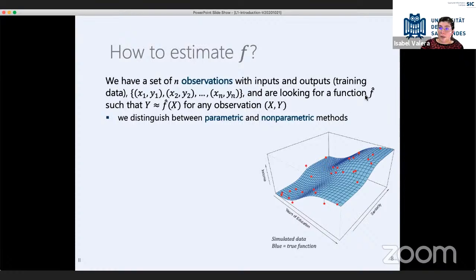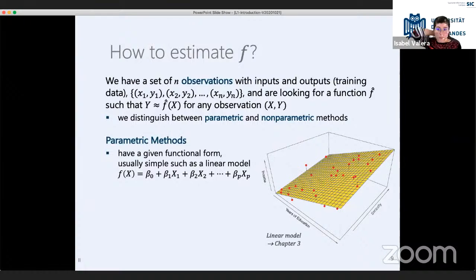And what we are going to do is find this f hat such that in the training set, f hat approximates our output variable. In order to do so, we are going to distinguish two types of models, or methods. One we call parametric and one we call non-parametric.